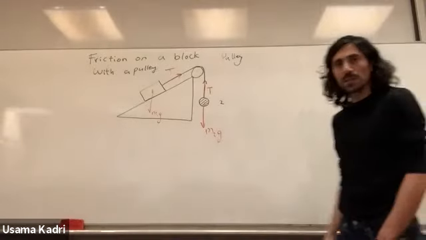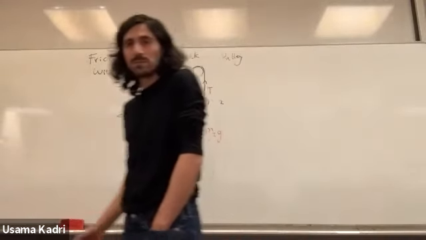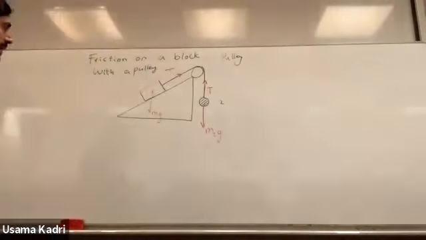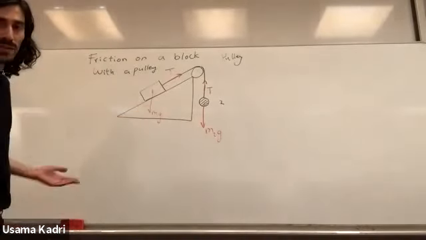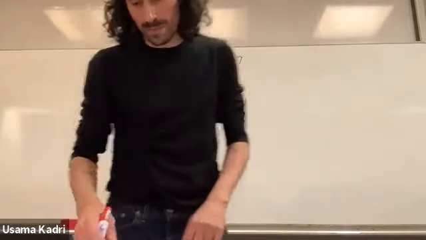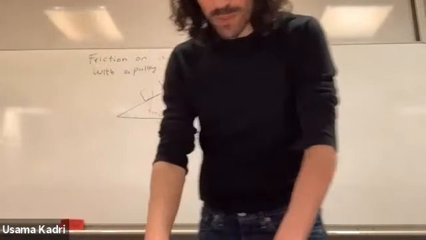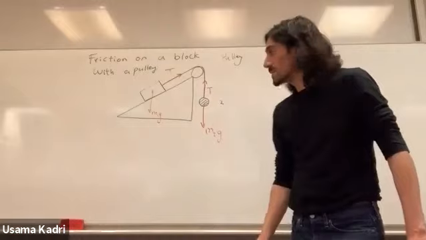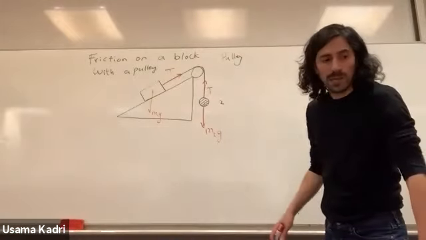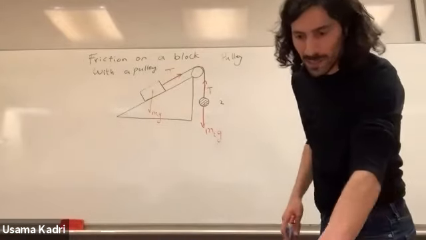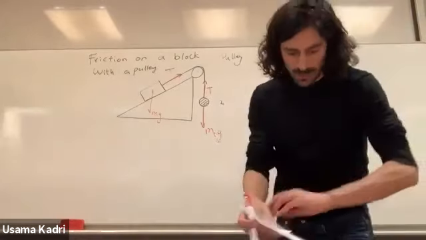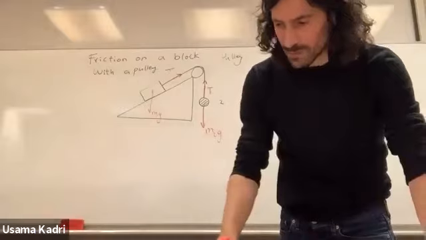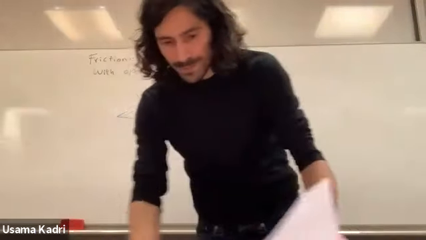A third possibility is that they're not moving. The balance of the forces is such that there is no acceleration in the system. We have to solve each one of these cases in order to analyze the problem, and this is the most difficult part. So if you do that, you should be fine.